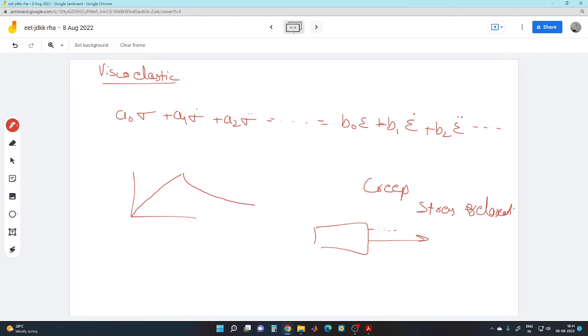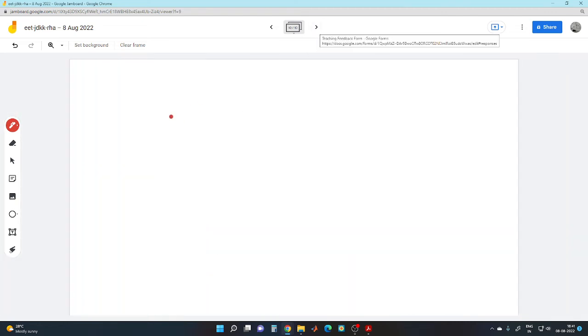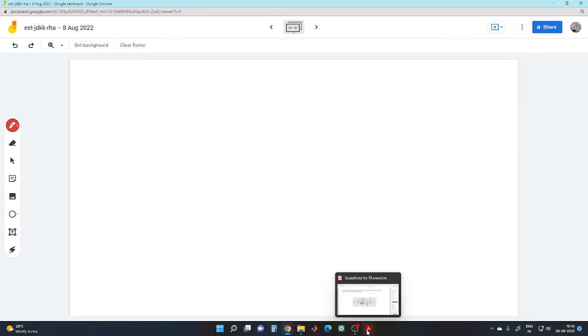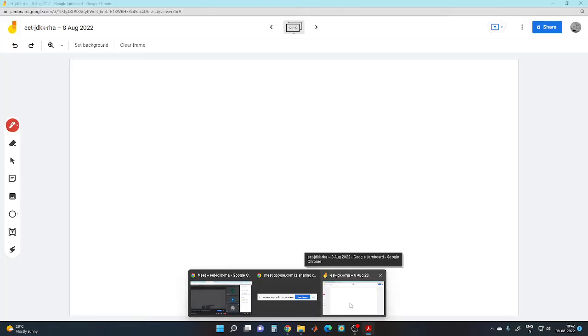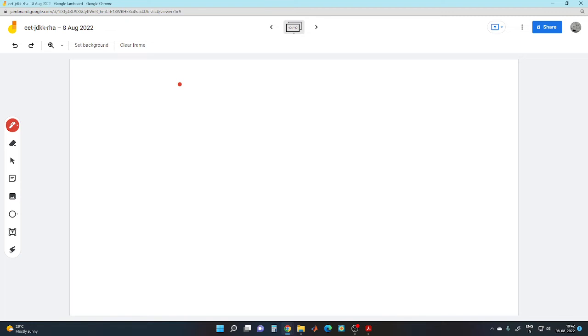So these type of materials are modeled using this SLS and SLF model. There are a lot of models, but you can find the details in the lecture. So here we will only discuss this SLF model. We will derive the generalized Hooke's law for this type of model. So we'll draw the model here.